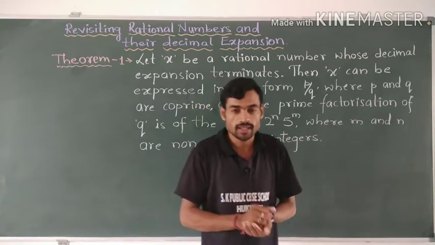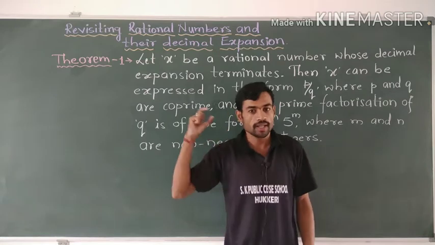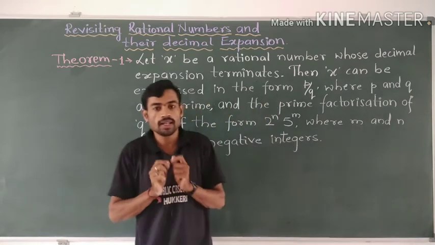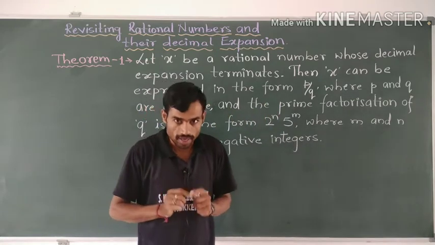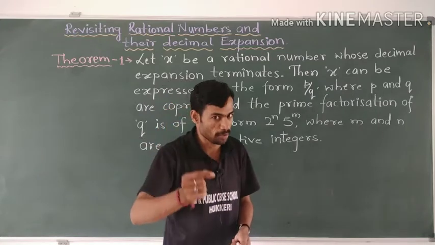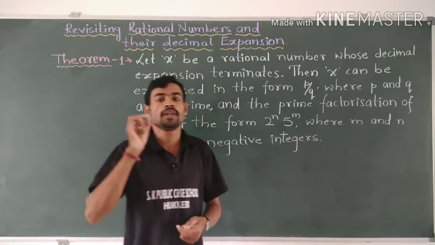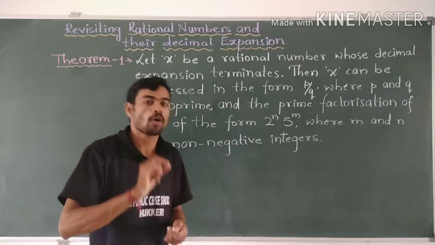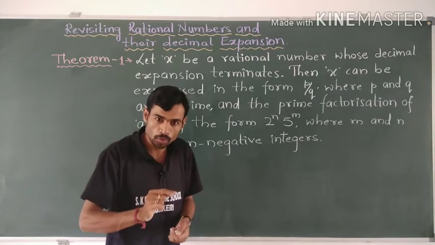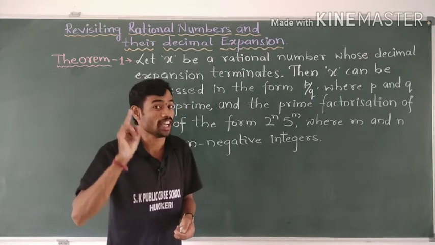In general, theorem 1 can be shortly written as: let x be a rational number whose decimal expansion terminates, then x can be expressed in the form p by q, where p and q are co-primes.